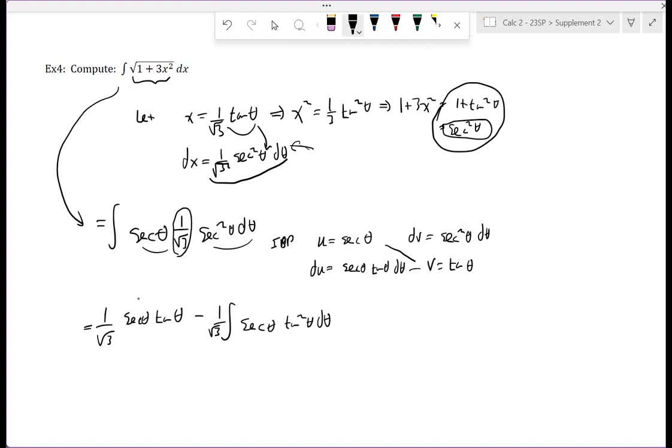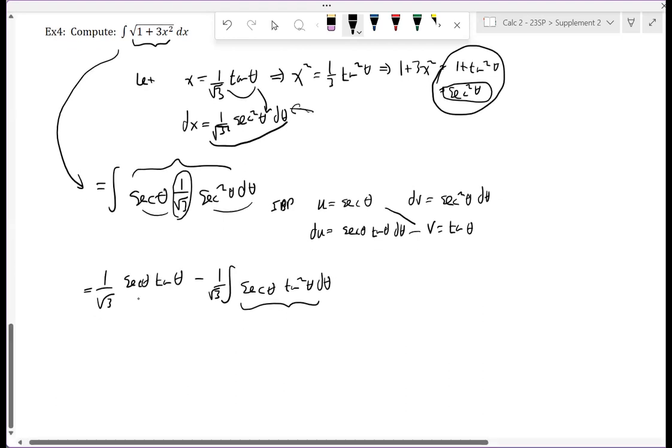So if tangent squared looks like a secant squared, this is going to seemingly look something like a secant cubed. And that was what I started with up here, a secant cubed. So maybe I can get something like integral equals stuff plus integral, and then solve for the integral. That's the example that we did at the end of the last supplemental video.